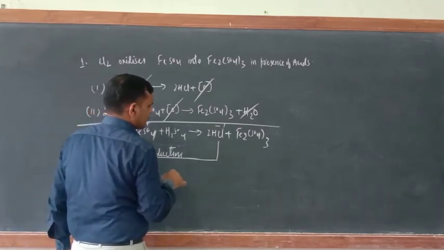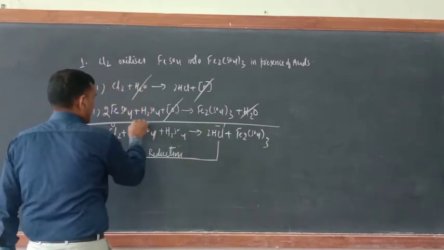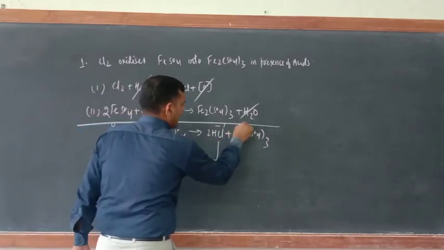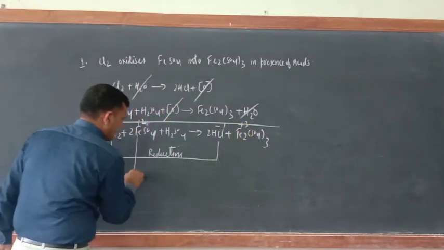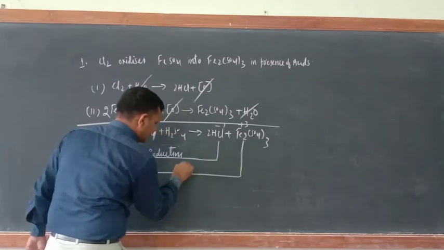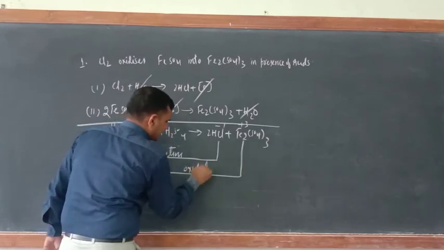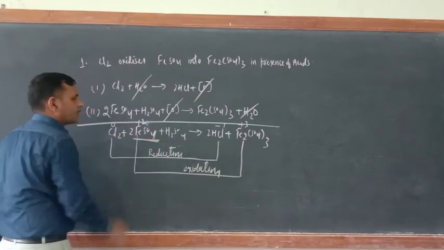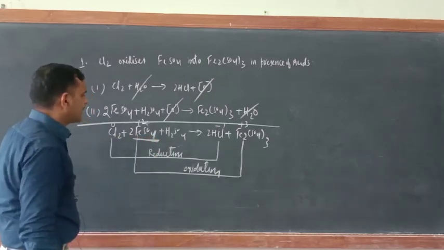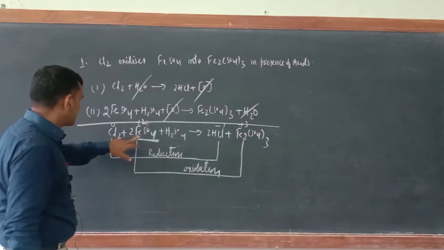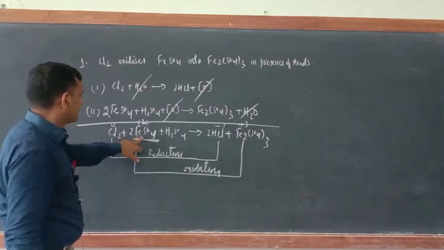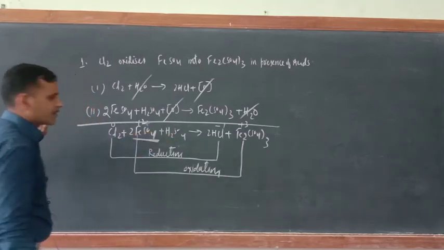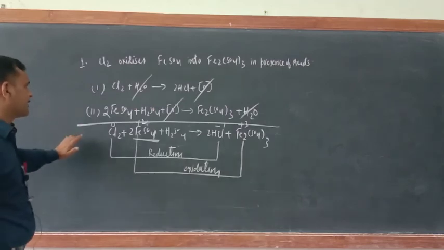Iron is plus 2, but here iron is plus 3. So plus 2 to plus 3 is oxidation, hence reducing agent. Hence FeSO4 is the reducing agent, Cl2 is the oxidizing agent. Just check, everything is balanced. Yes, everything is balanced. Okay, so this is the first reaction.